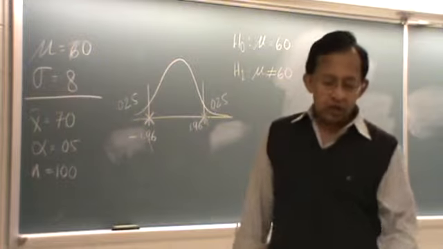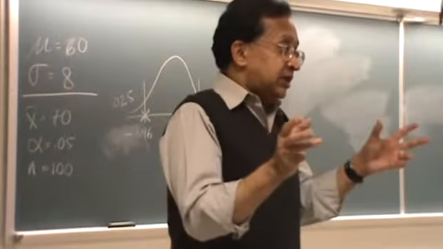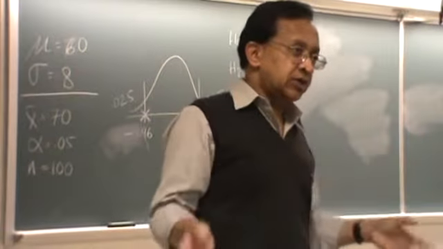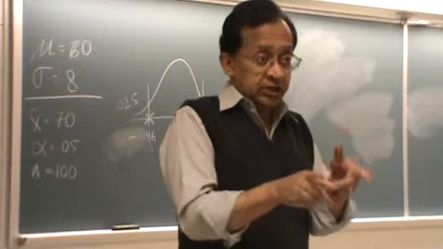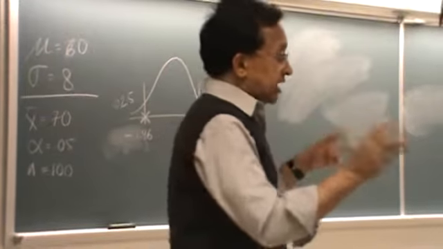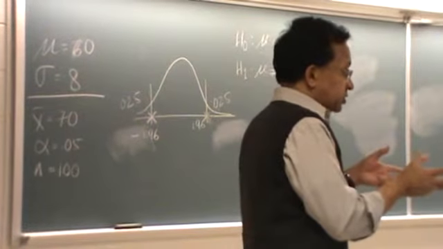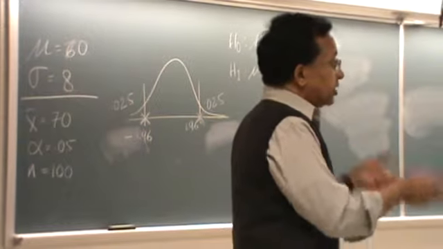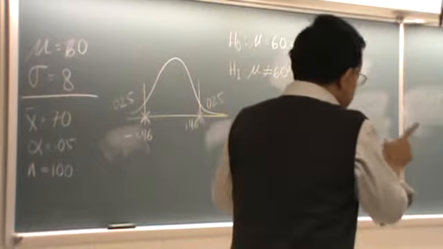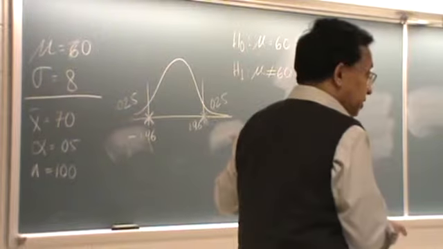Think about it. We had the math test done first, without any special tutoring. The population mean was 60. Then we took a sample of 100 individuals. We gave them the special tutoring. They took the exam. The sample mean went up to 70.